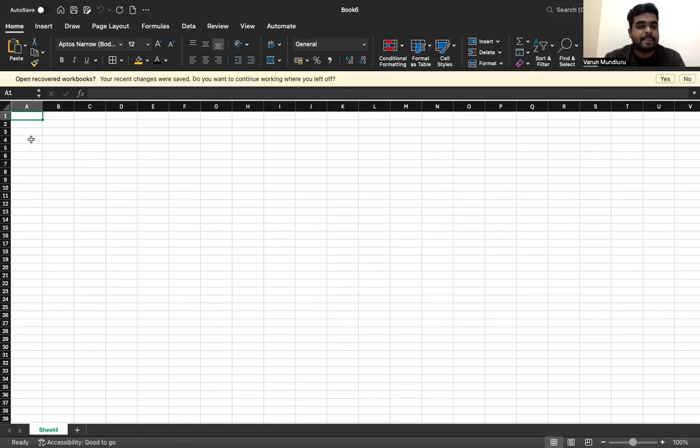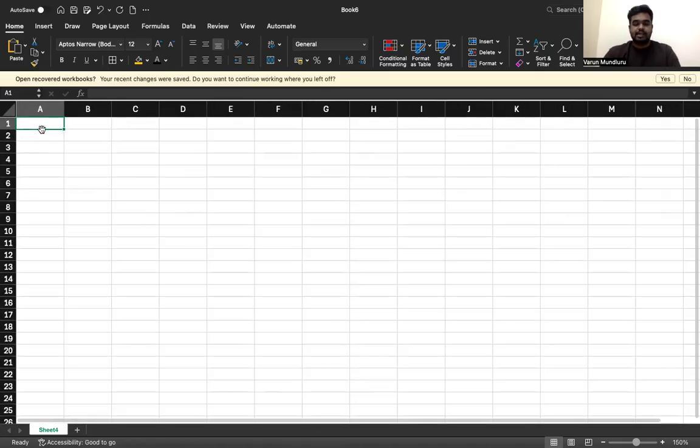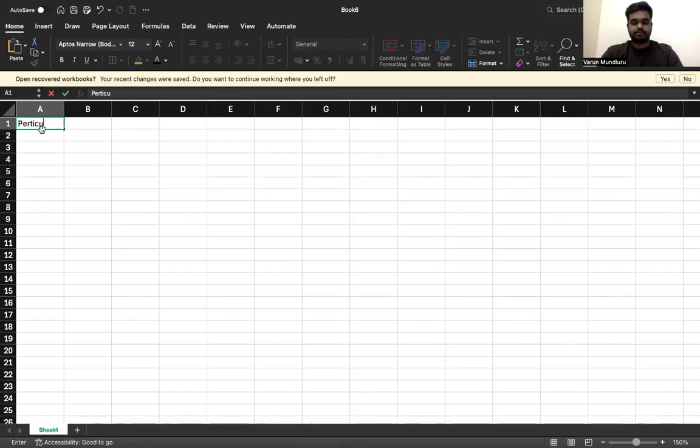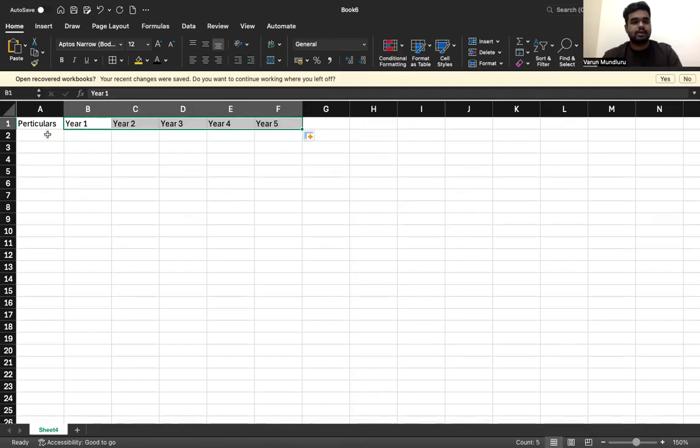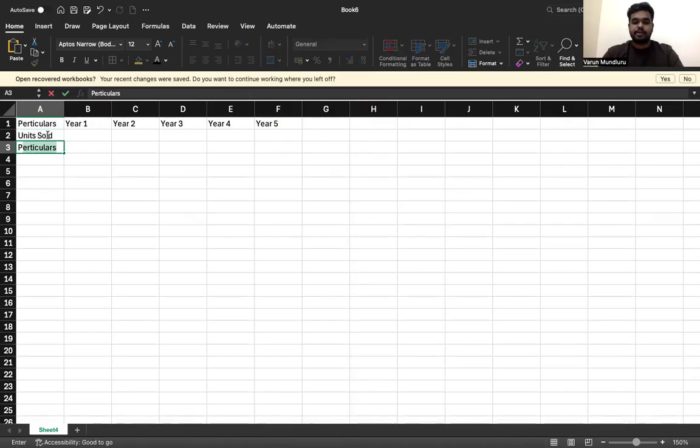So let us begin. First, let us take some assumptions. Here, we will be taking some particulars. These particulars include units sold, price per unit, cost per unit, and fixed costs.